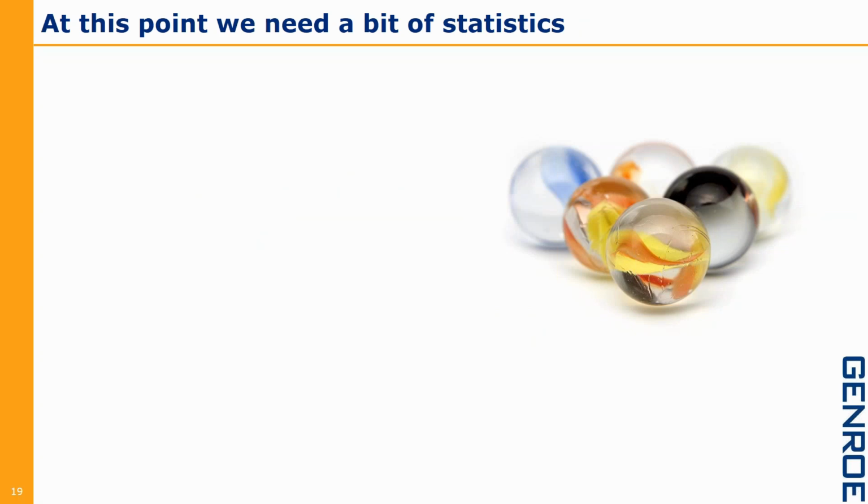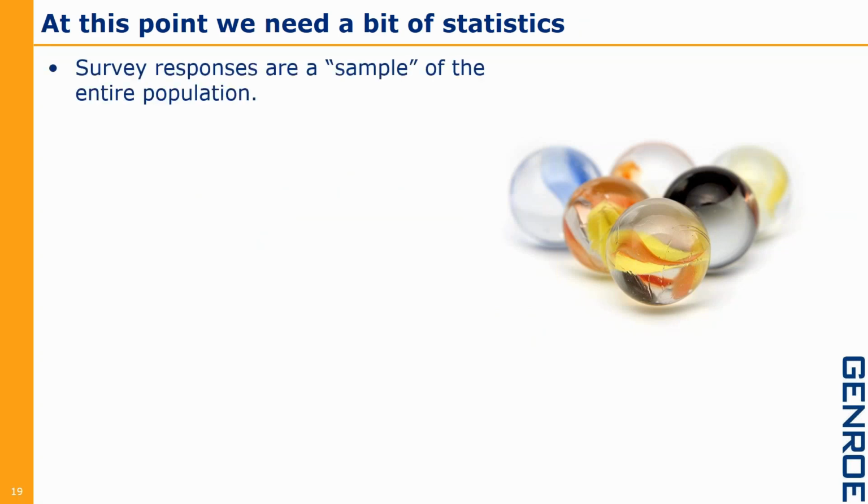Okay, so I don't want to jump into an enormous amount of statistics, but we really need to have just a little bit of a conversation about statistics. The really important thing to understand here is that the survey responses that we're getting, the 10, 20, 30, 40% of responses, are a sample of the overall population.